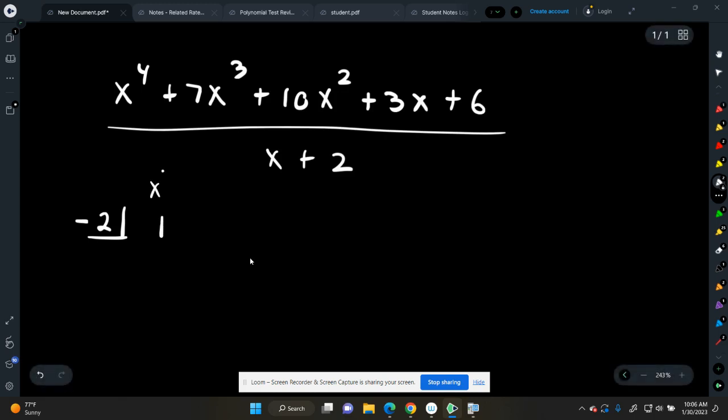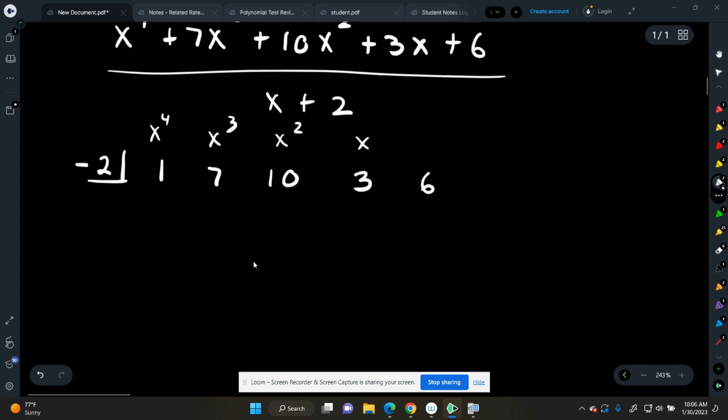That's x to the fourth. X to the third is 7. X squared, that's going to be the 10. And then x is the 3. And then we have a constant, which is 6. It's called a constant when there's no variable on it. Does everybody understand where we got those numbers? Yes.